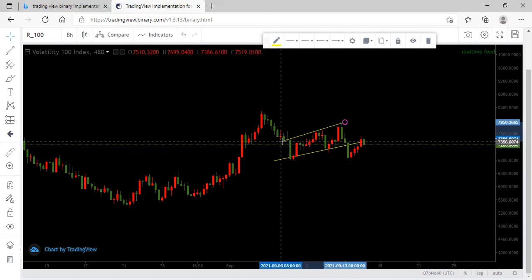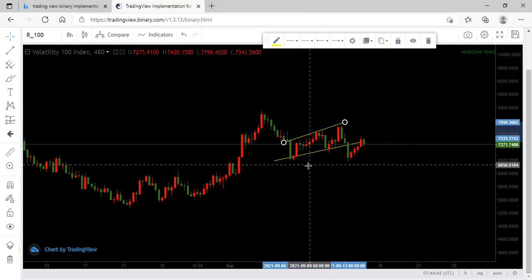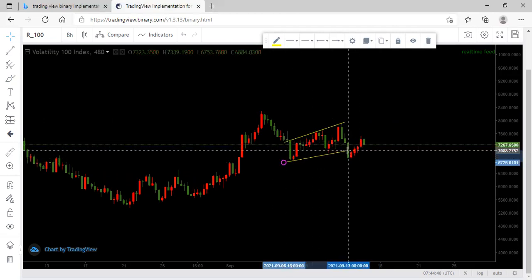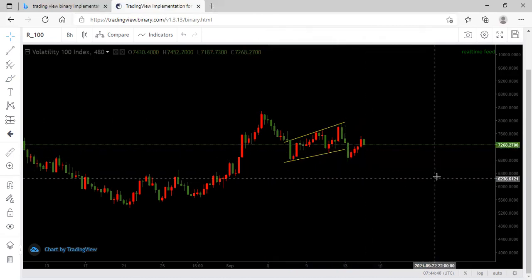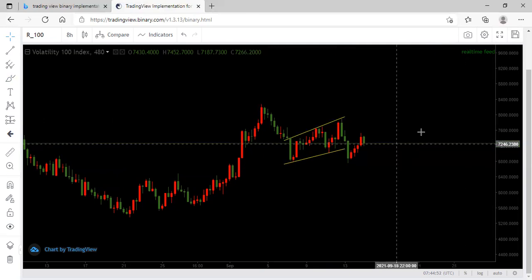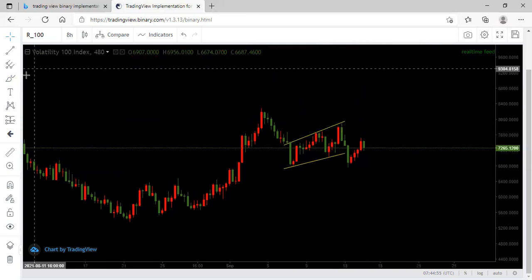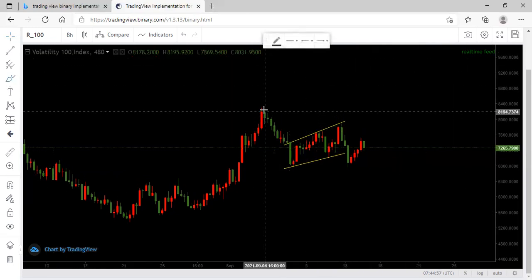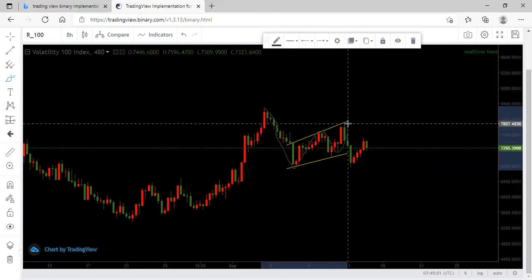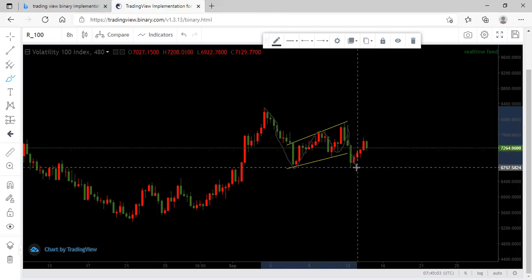I will tweak it like this, then I will tweak it again like this. Now we are having the clear picture, as you all can see on the board. Here we had this impulsive leg from the upside to the downside. Then we had this correction move, then boom to the downside.